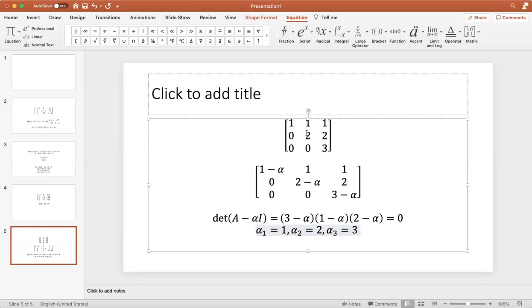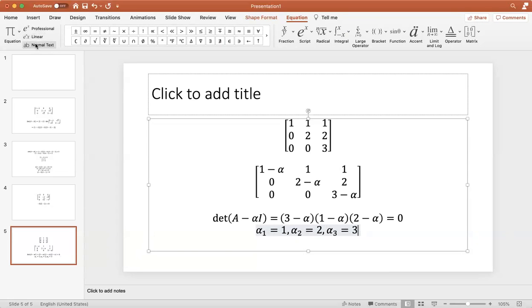Two things involving triangular and diagonal matrices: the determinant of a triangular matrix will be the product of its diagonals, and the eigenvalues of a triangular matrix will be the diagonal elements. All right, so that's number 2.